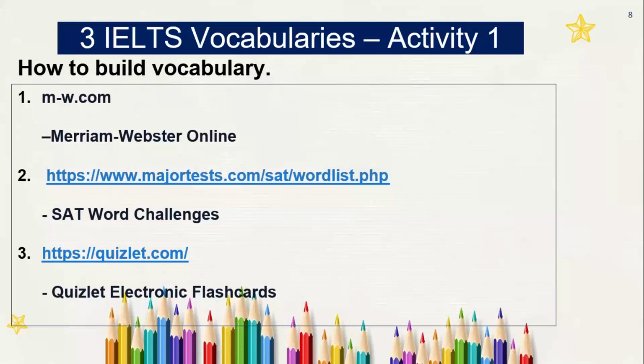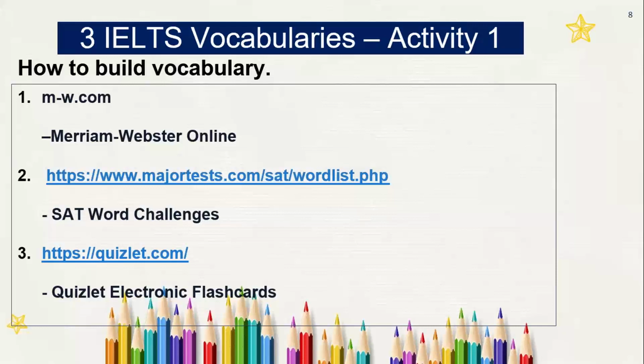SAT word challenges. If you're familiar, the SAT is the test that American high school students take before going to college. On this website, they have some vocabulary in context, and they ask you to find the definition of that word.